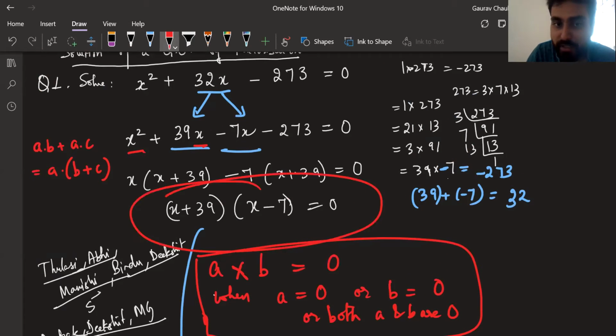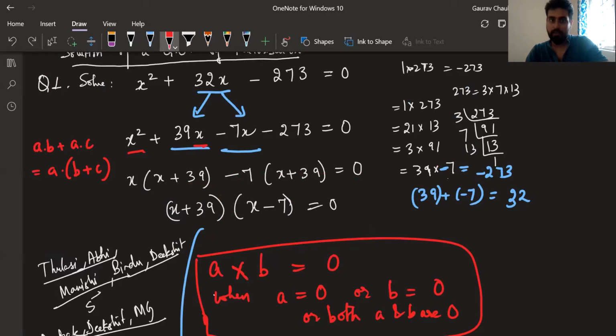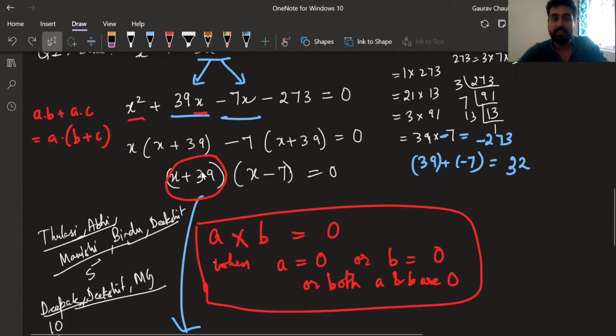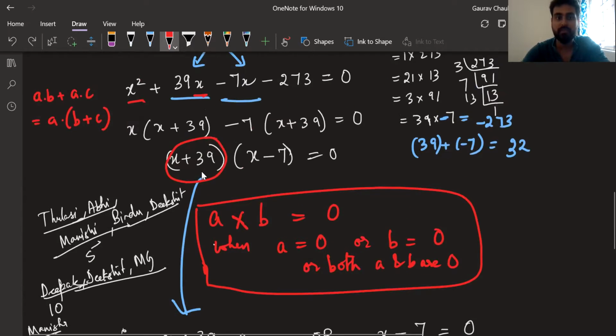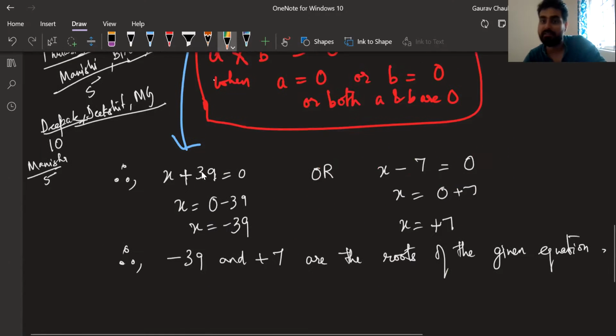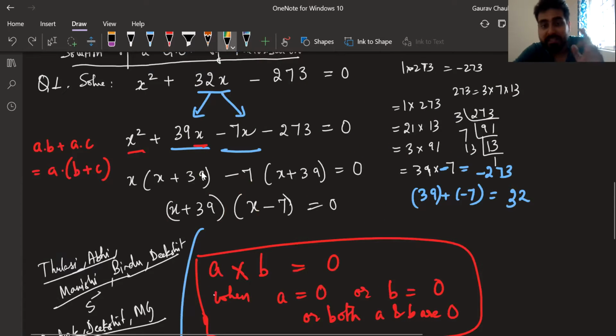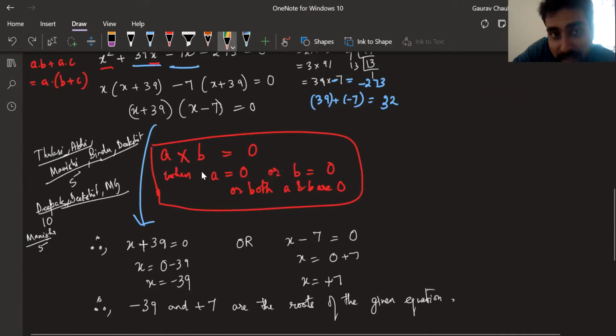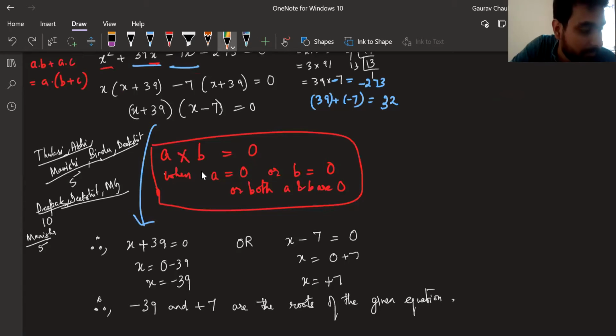For this statement to be true, either this has to be 0 or this has to be 0 or both have to be 0. If this has to be 0, then x has to be minus 39. If this has to be 0, then x has to be plus 7. So only these two values will satisfy the equation, will make the equation LHS equal to RHS, correct?